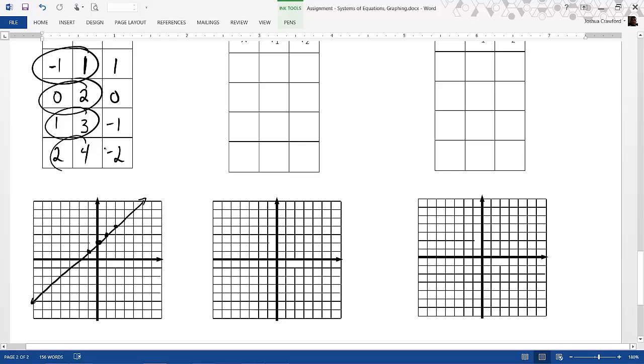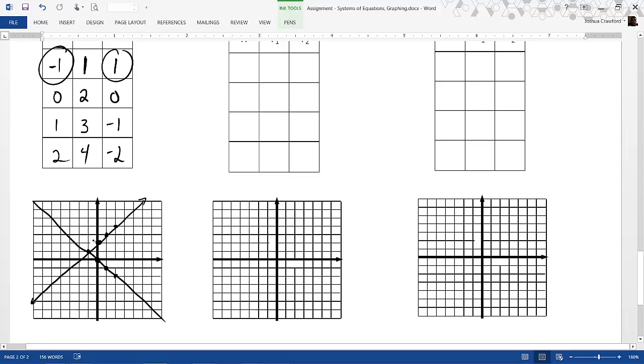And then go ahead and graph our second pair. So negative 1, 1. Already there. 0, 0. 1, negative 1. And then 2, negative 2. And that is your second line.